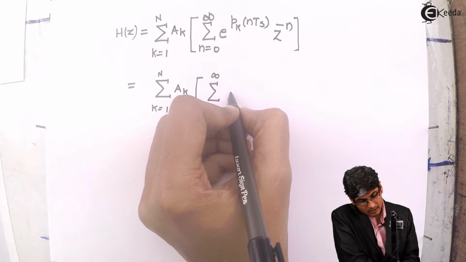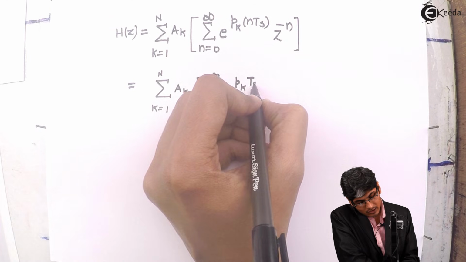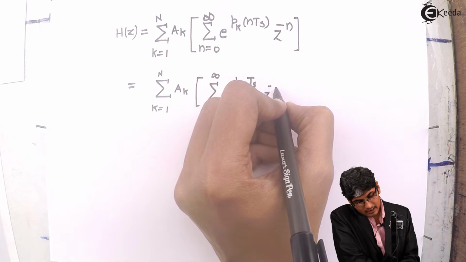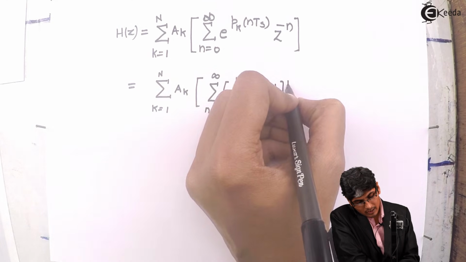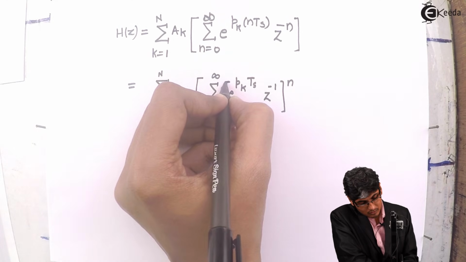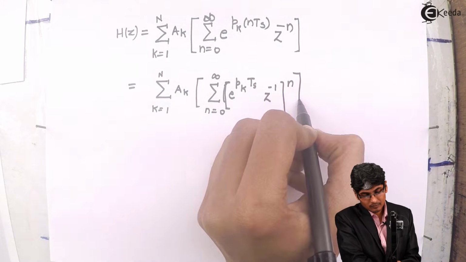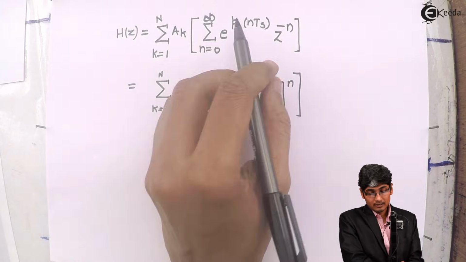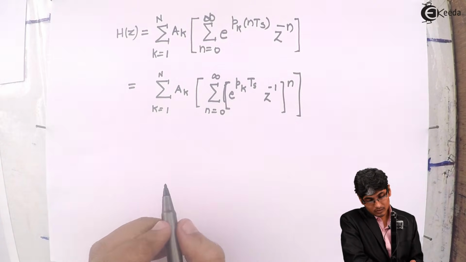Then I'll write it like this, e raised to p_k Ts, and then z raised to minus 1, the whole raised to n. So what I have done is I have taken n as a common index for both the terms.